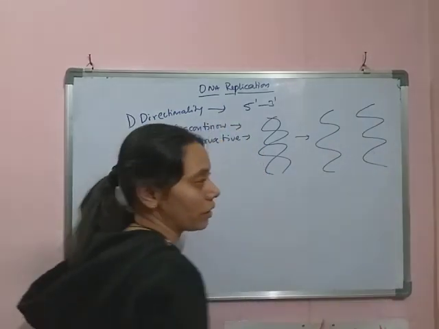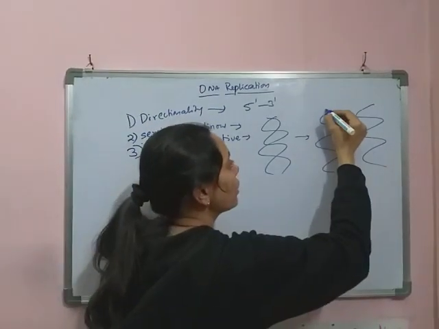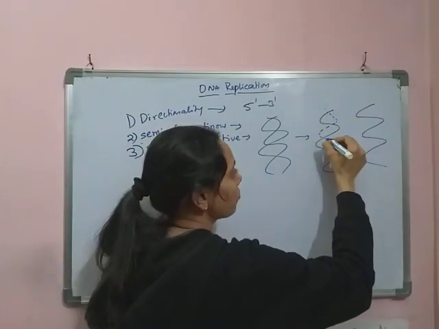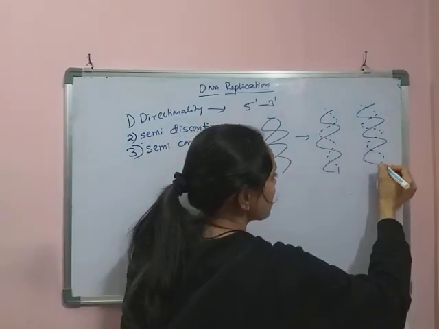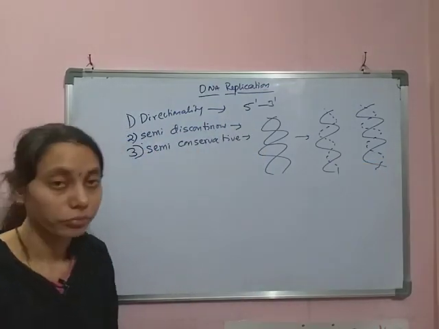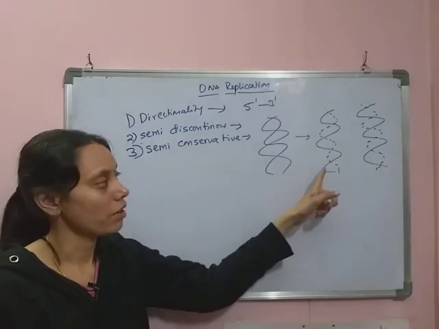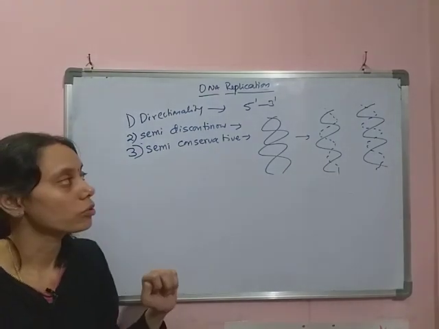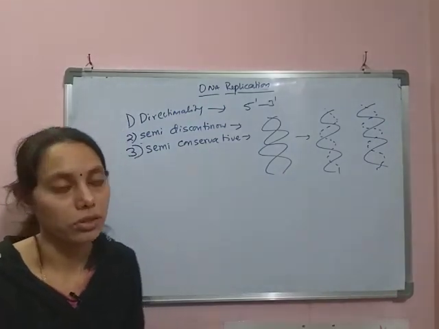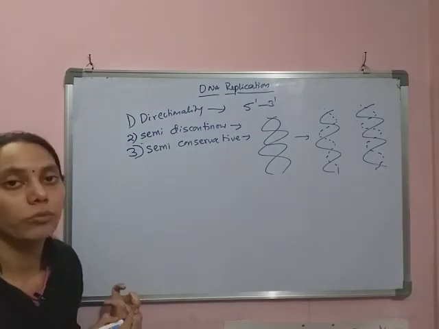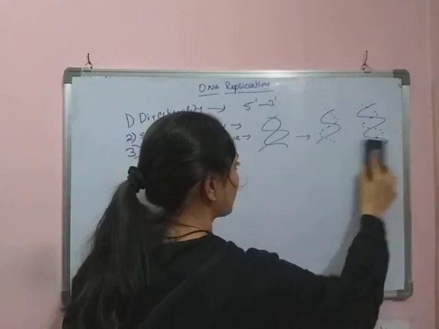Each daughter gets one parental strand, which acts as a template to copy the complementary strand, the newly synthesizing strand. So each daughter gets one parental strand and one newly synthesized strand. The parental DNA is partially conserved among the two daughters. Hence it is called the semi-conservative mode of replication. That is another feature of DNA replication.